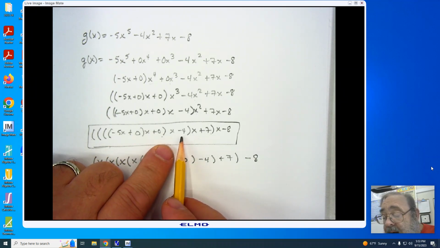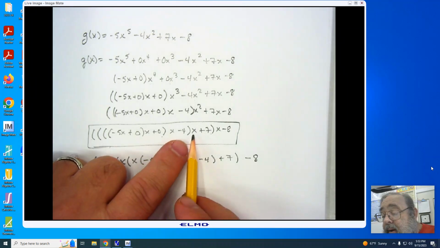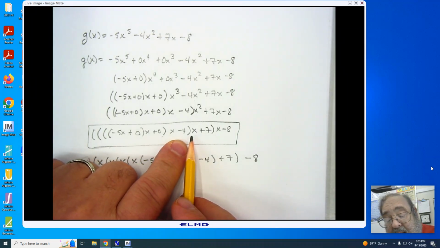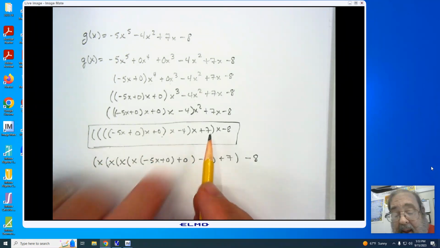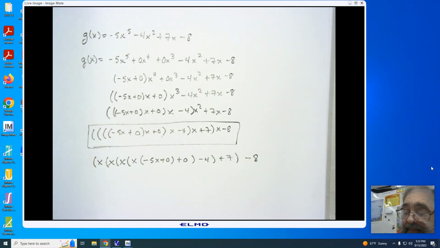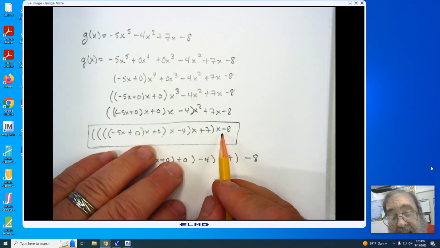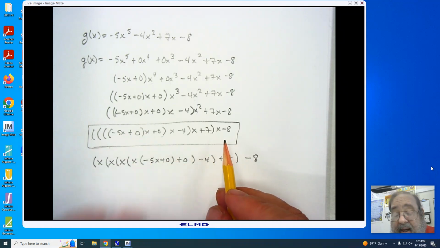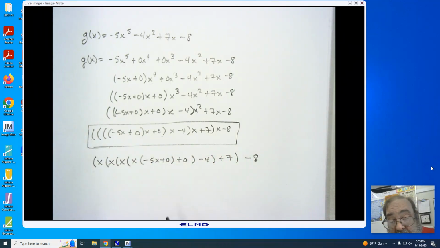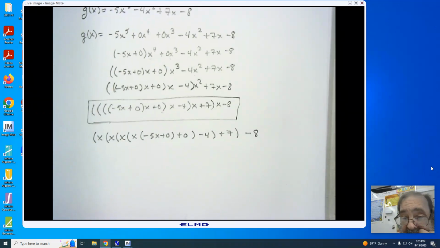Minus 4 makes a positive 36. Times the negative 2 gives me negative 72. Plus 7 makes a negative 65. And then I end up multiplying by negative 2, for negative 130. Minus 8 gives me negative 138.